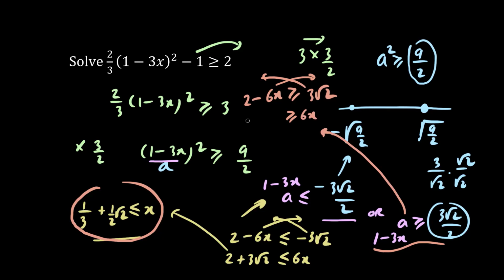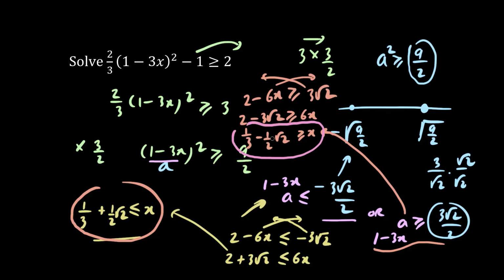We have 6x is less than or equal to 2 minus 3 root 2. Dividing both sides by 6, we have x is less than or equal to 2 over 6, which is 1/3, and we have minus 3 divided by 6, which is minus 1/2 root 2. So we now have the second possible solution.